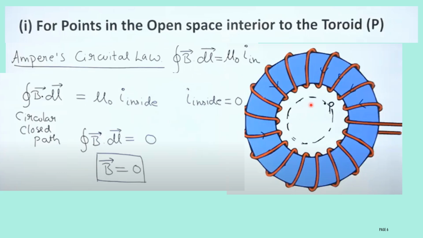In the interior part of the toroid you will not find any current, therefore I inside is 0. Substituting 0 in this integral, B dot dl is mu naught into 0, which gives 0. So the magnetic field in the interior part of the toroid at point P is 0, because the current inside is 0. If the current is 0, it will not produce any magnetic field. Then the magnetic field at point P is 0.